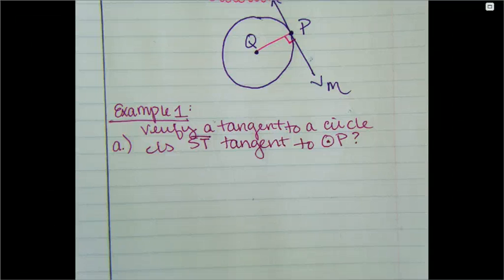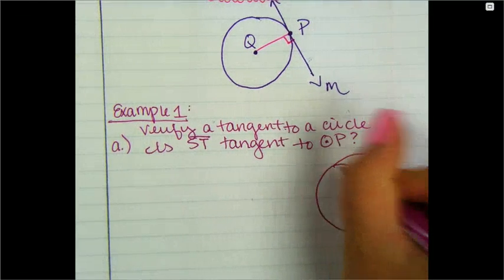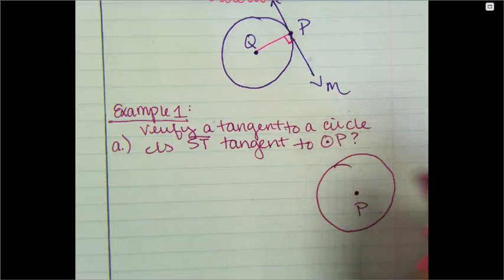What did they form? What was that whole last unit on? Right triangles. So, guess what? Circle P.